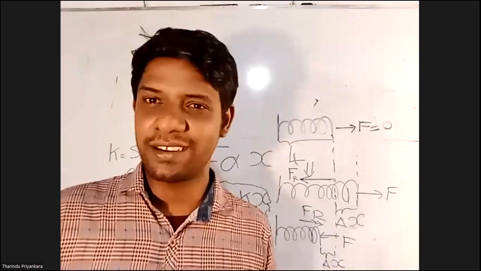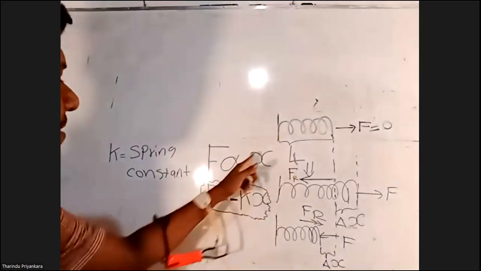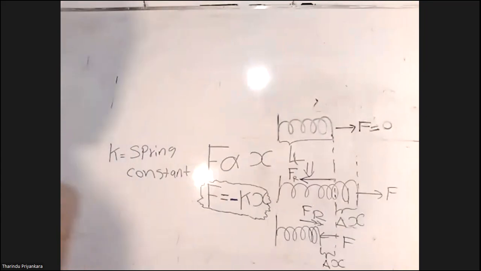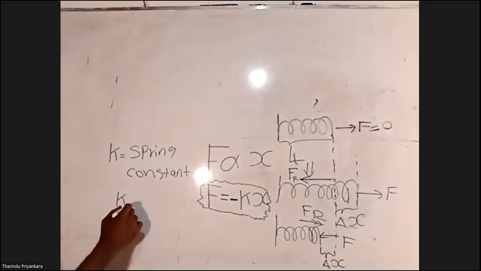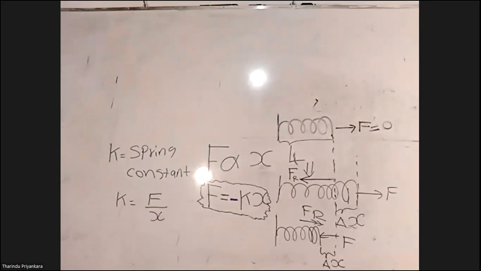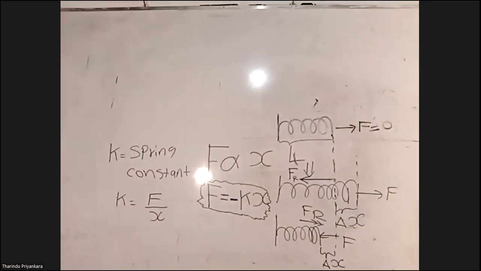Your first lesson, your knowledge about springs. Find out the units of the spring constant by yourself. How to find it? Force over extension. Try to find it and tell me.